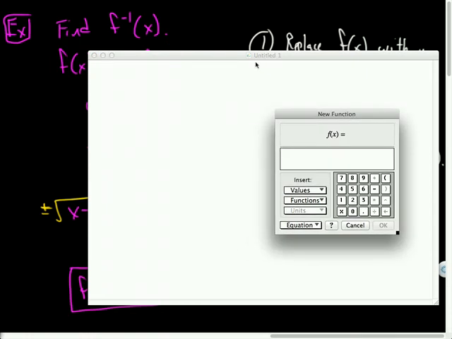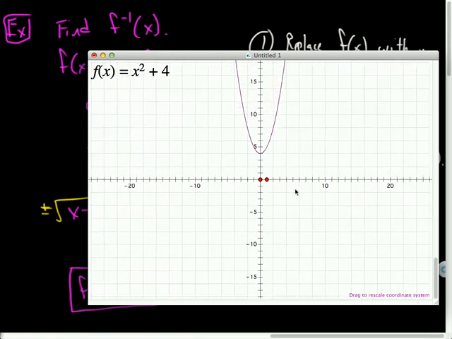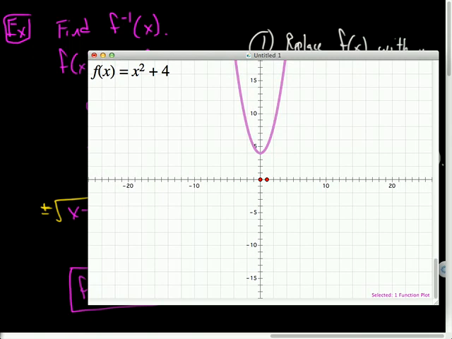So my original function was x squared plus 4, right? So I'm going to graph this here, and you see, it's a handy-dandy parabola. Line style medium. There we go. So there's my function.